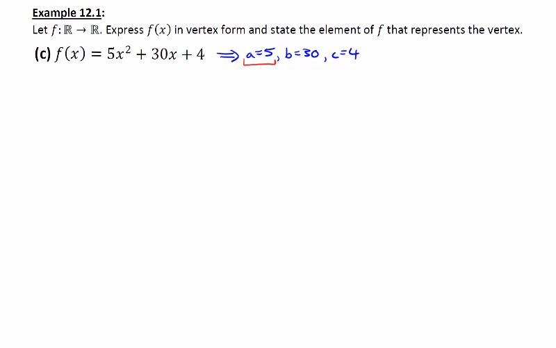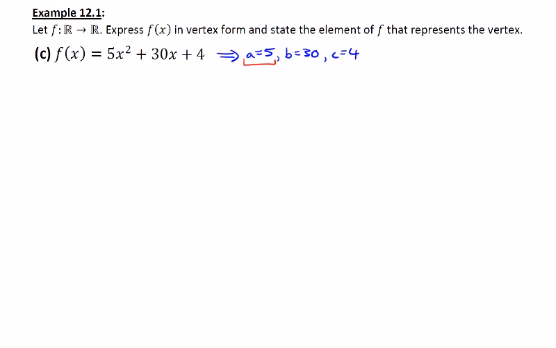So we're going to be mimicking a lot of what we did in example 12.1b, except here we have a c value that is 4 and not 0. So we can actually see the value of the constant there, that plus 4. This is going to go against a lot of what you've been taught over the years for factoring in terms of always factoring out things from every single term.